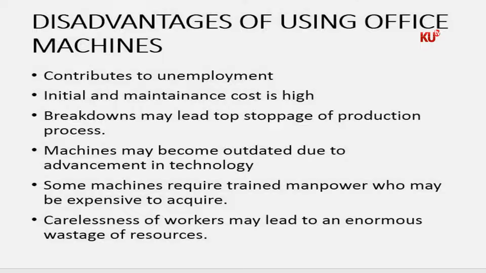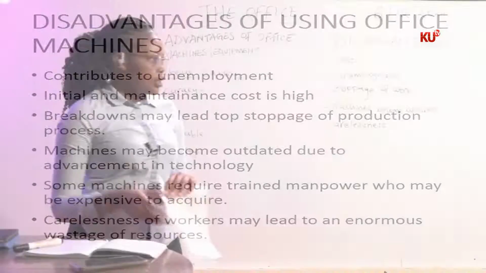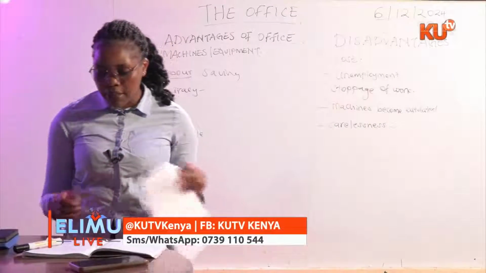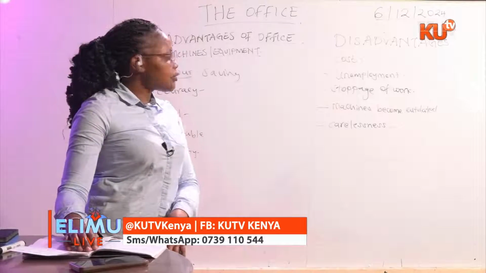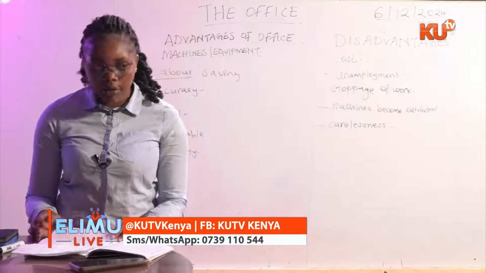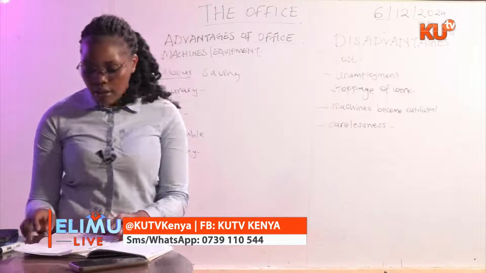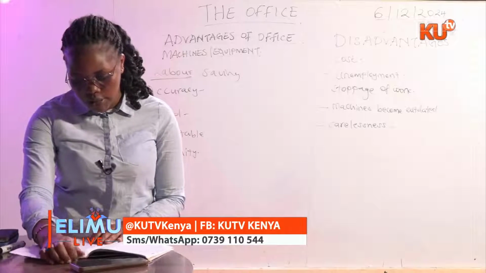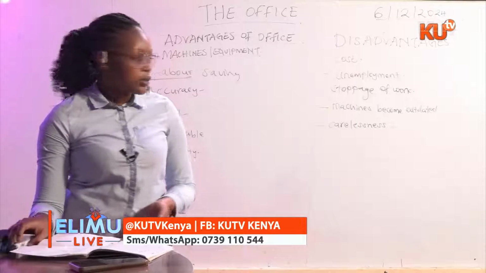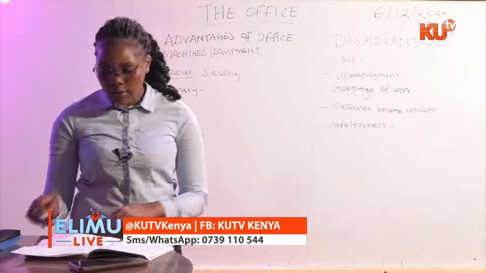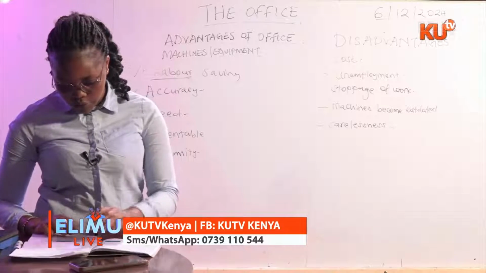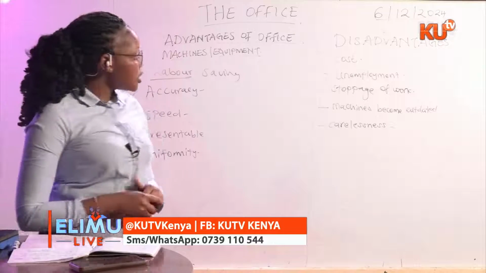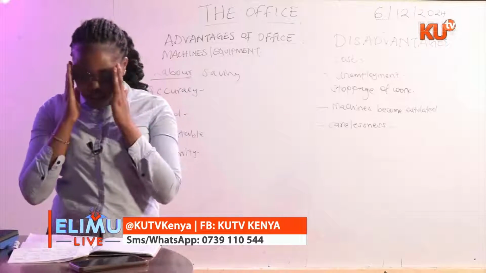If a person does not know how to use a printer, they may end up wasting printing papers. If someone does not know how to use a photocopier, they may also end up wasting a lot of stationery. They might also destroy the machine itself, and that becomes a big loss to the organization or the office. So those are the disadvantages of office machines.